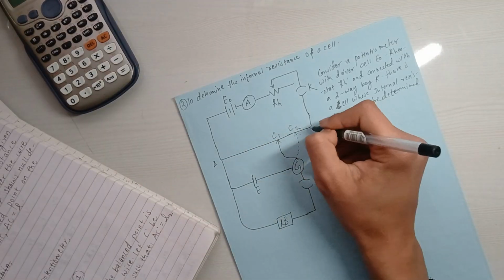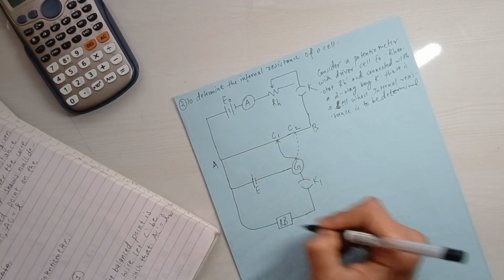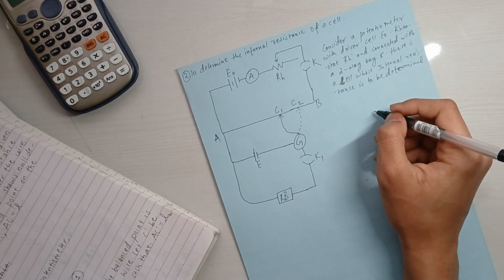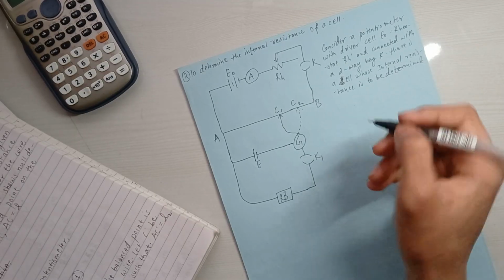This is the AB, by the way. Whose internal resistance is to be determined, just like that.